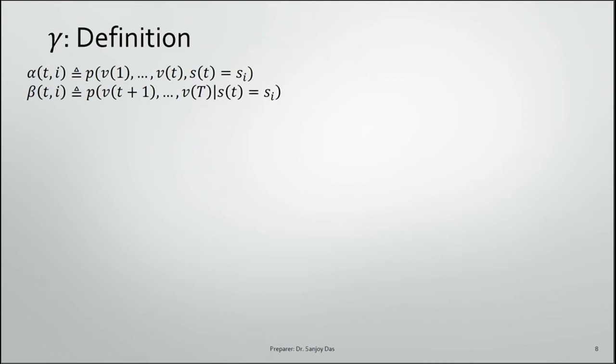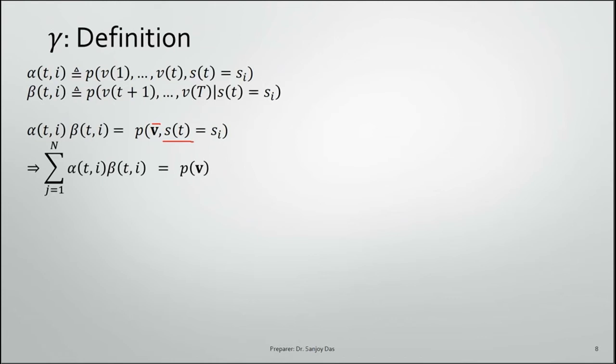Let's define gamma as follows. So we saw what alpha t i and beta t i were, and we saw that alpha t i times beta t i is the probability of the entire output sequence and St equals Si.